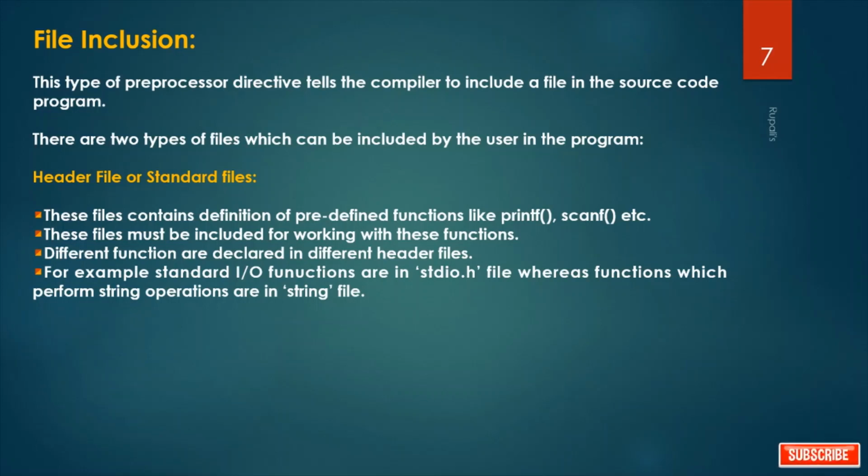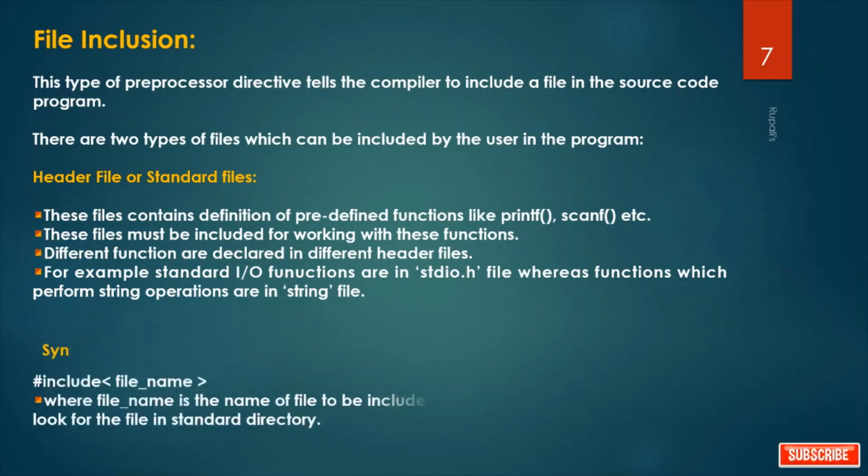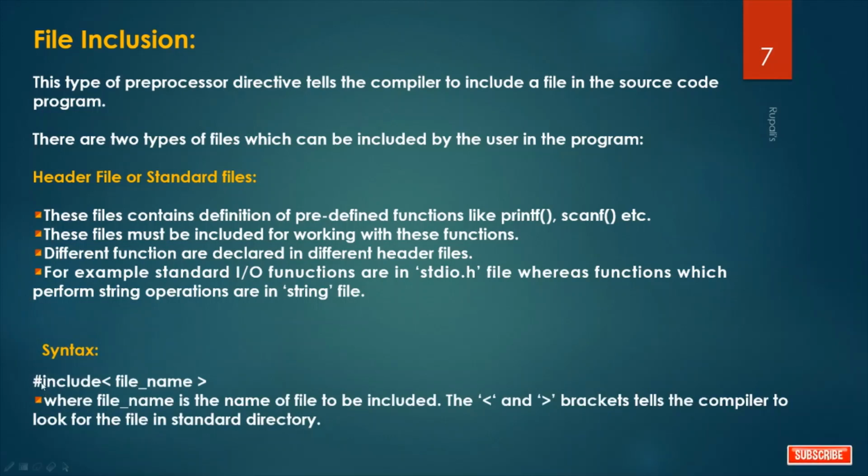If you want to use graphics related functions, you have to include the graphics.h header file. The syntax is: first write hash, then include, then within angular brackets your file name, for example stdio.h, where the file name is the name of the file to be included. And the angular bracket tells the compiler to look for the file in the standard directory.